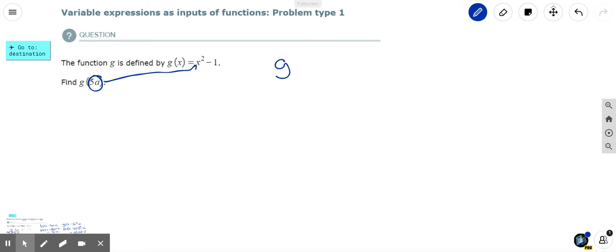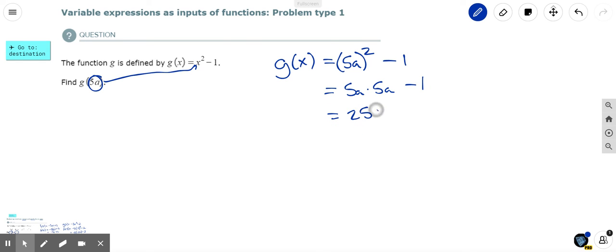So my recommendation is to write the equation first, then erase the x and plug in with parentheses whatever you're substituting in. So we erase the x, we plug in the 5a, and then you solve the problem. So 5a times 5a is 25a squared minus 1.